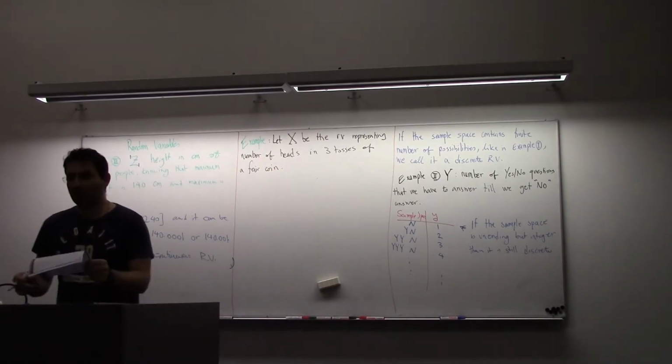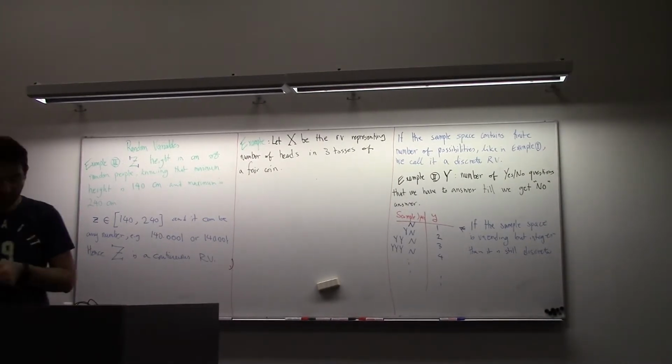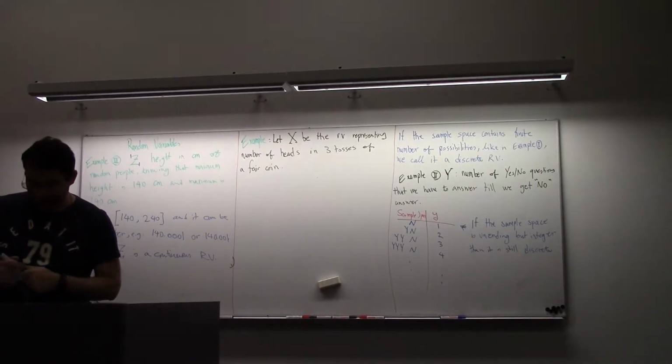So we have a fair coin and we toss it 3 times, and our random variable X is representing how many heads we have.